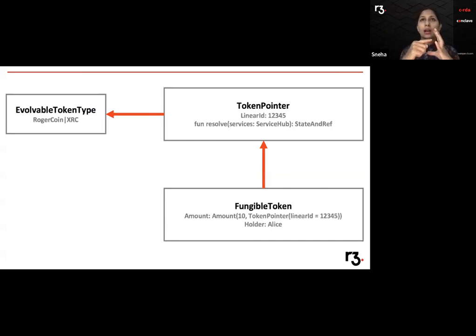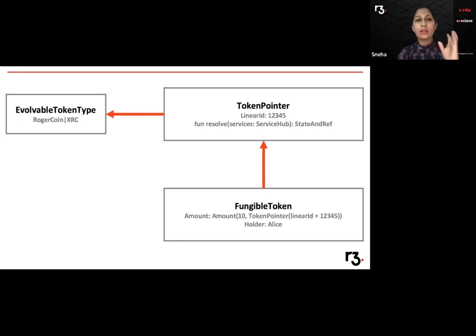Let's say you have a car token type, and your base asset changes over time. If you embed this object into the token itself, the token will also have to change.